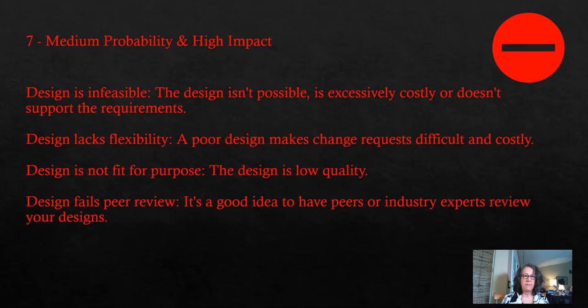Another in the 7 category, medium probability, high impact, was with regards to the design. So recall that no one in the vendor organization really understood the data relationships that existed in the existing system. The new system had people data and it had organization data, and the existing system had people data and it had organization data.